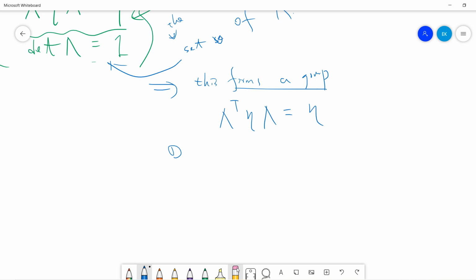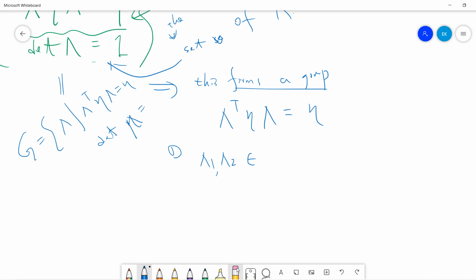So first, you can easily check that if lambda 1 and lambda 2 both belong to the group, let's denote this group G, call it Lorentz, basically satisfying this property and the determinant of lambda is 1. So let's assume that these two are both in G, and it's easy to check their product is in G, right? The reason is that I don't have to compute.